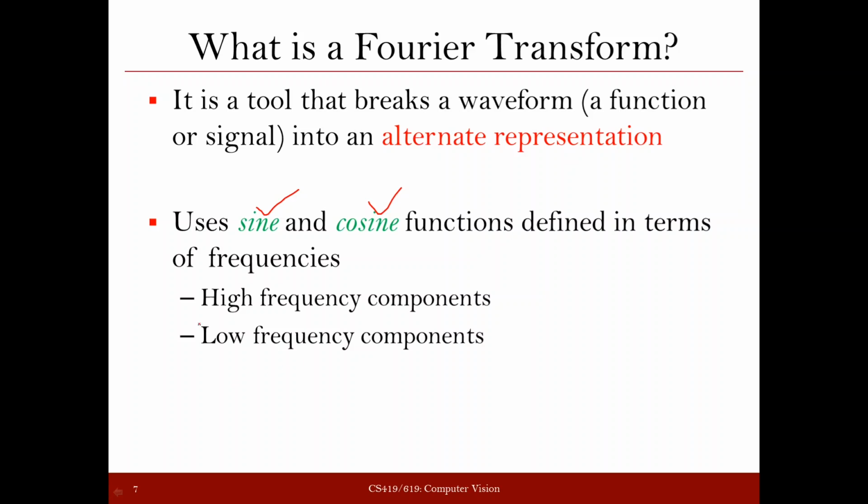So in some of the applications we will be interested in components which have high frequencies. In some cases we will be interested in the sine and cosine waveforms where the frequency is low. And there are some applications where we may be interested in frequencies which are neither very high nor very low. But in most of the applications we will see that we will be interested in high frequencies and low frequencies.